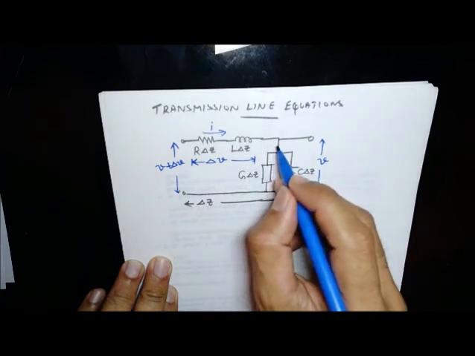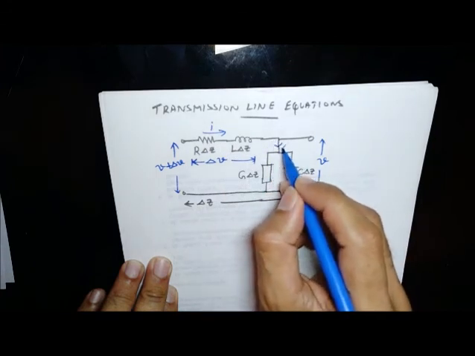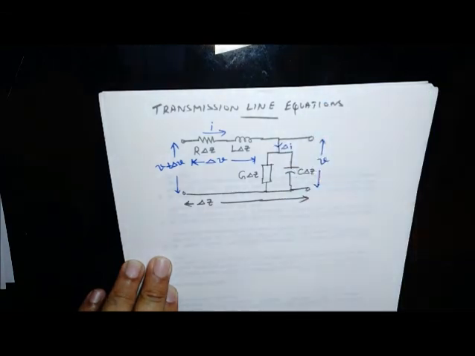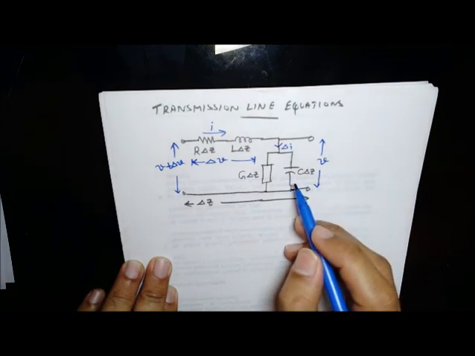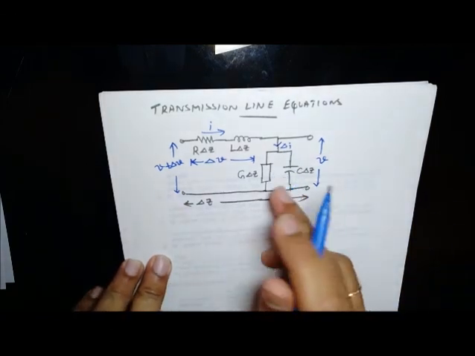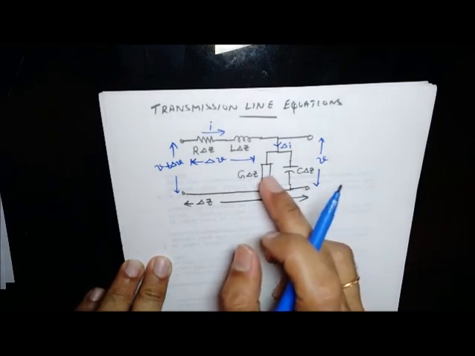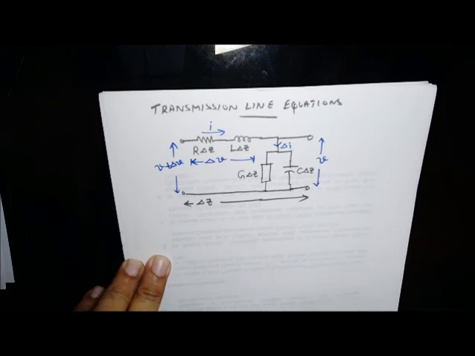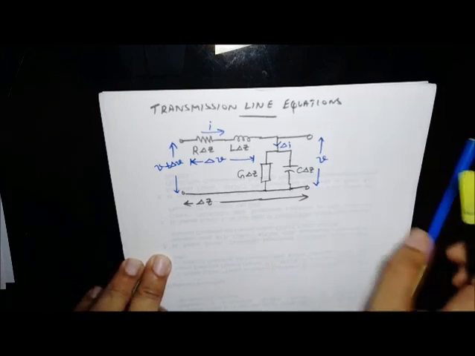It is delta I here, and the remaining current goes on to the next stage. So delta I is the current which is going to flow through this shunt, the parallel combination of the shunt conductance and the capacitance.